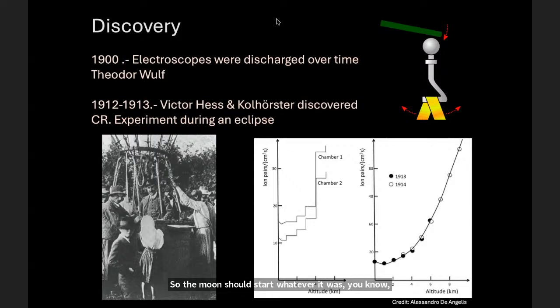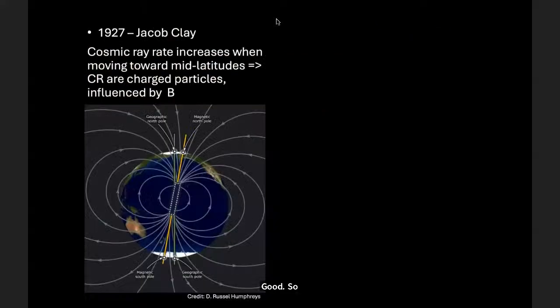But that was not the case. It still was. So then the hypothesis was that these things were coming from outside of the Earth, very far, even further from us. There were other people making experiments to find out more properties about these cosmic rays.